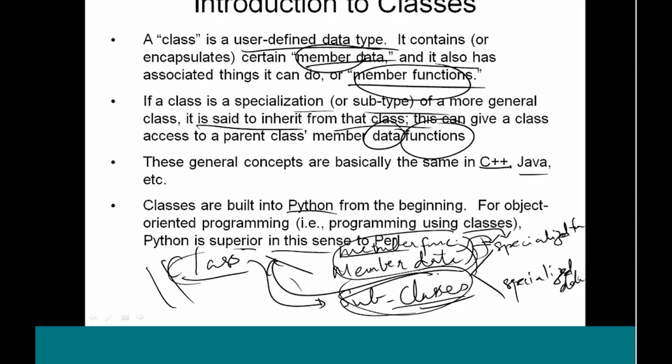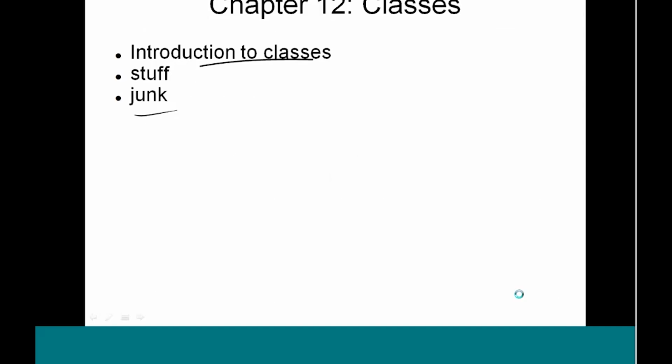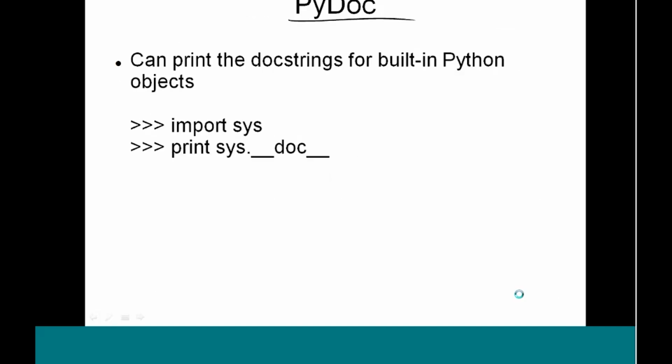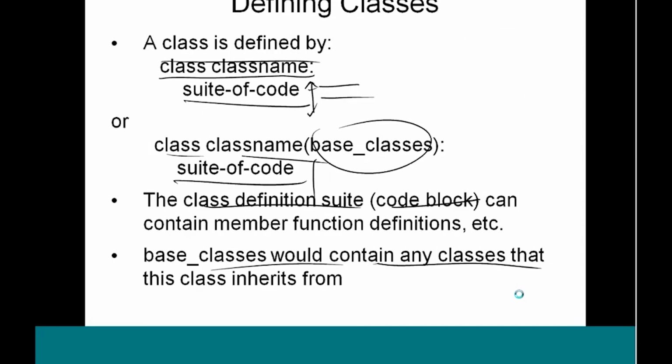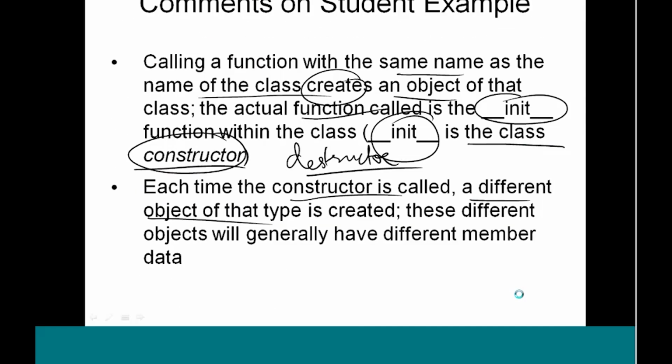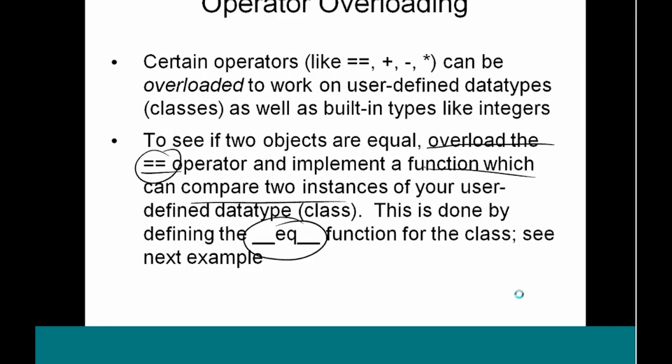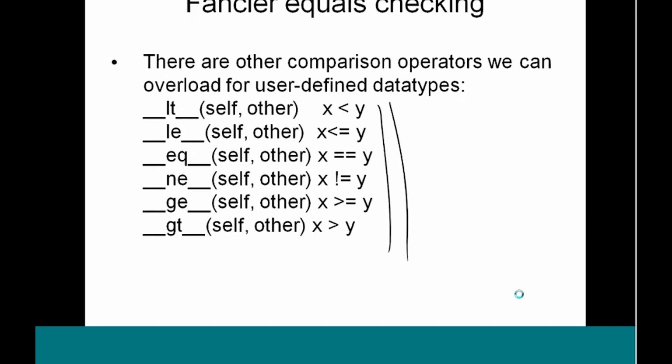So it also inherits the member data and the member functions, and then you can add to it some specialized functions and specialized data. And then we went through some examples of the class and how it works.